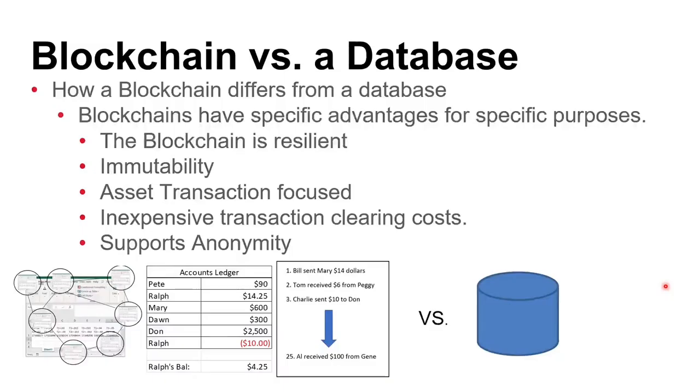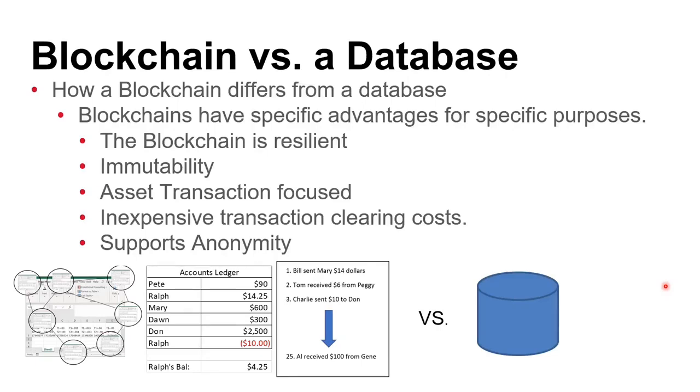So there are specific advantages between the two for specific purposes. Again, a blockchain is resilient, meaning it has many nodes, and if any of those nodes go offline, there'll be another node to take its place. Blockchain is immutable, unlike a database where we just said, create, read, update, and delete. So obviously a database can be changed.